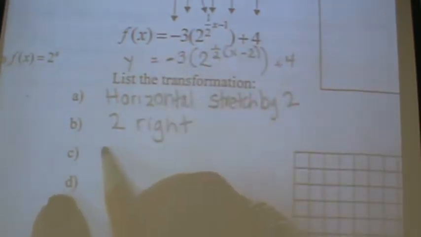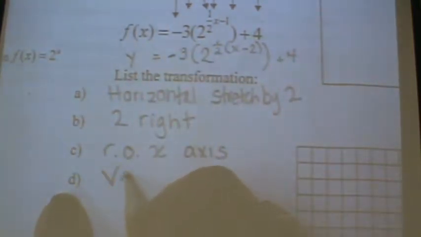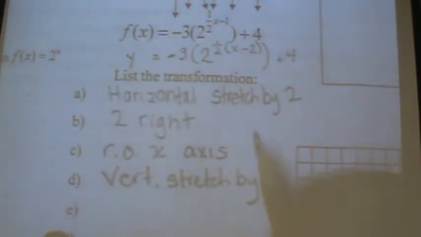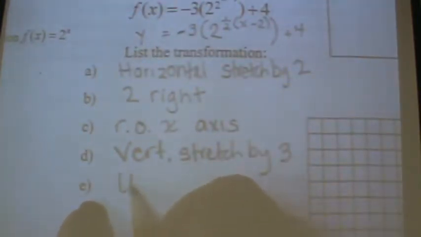Then what? Flip over the x-axis. Reflection over the x-axis. Then what? Vertical stretch by what? Three. Shift the graph up 4.